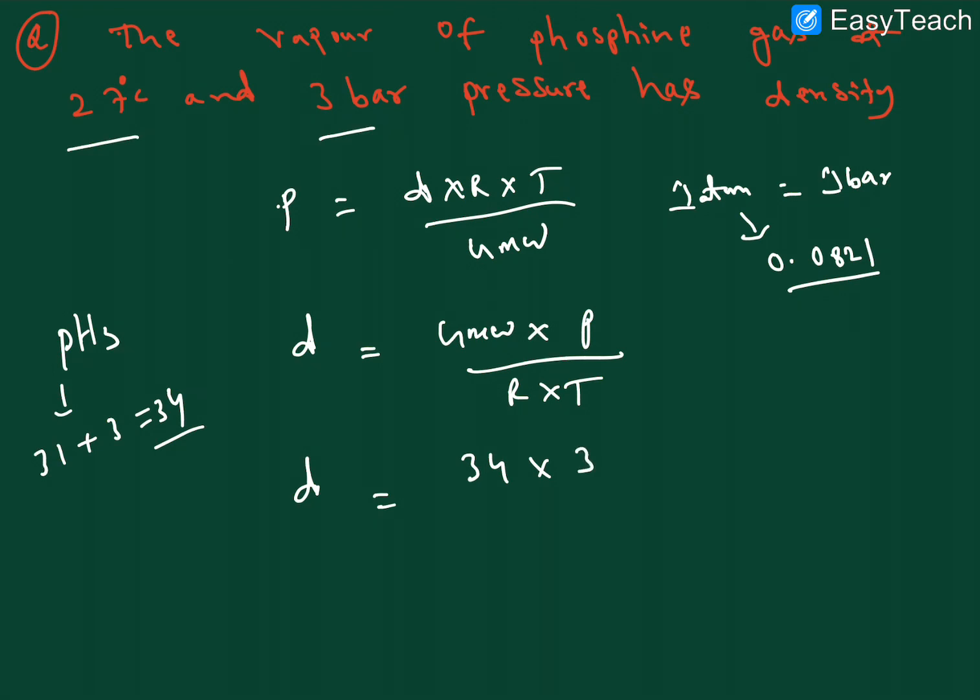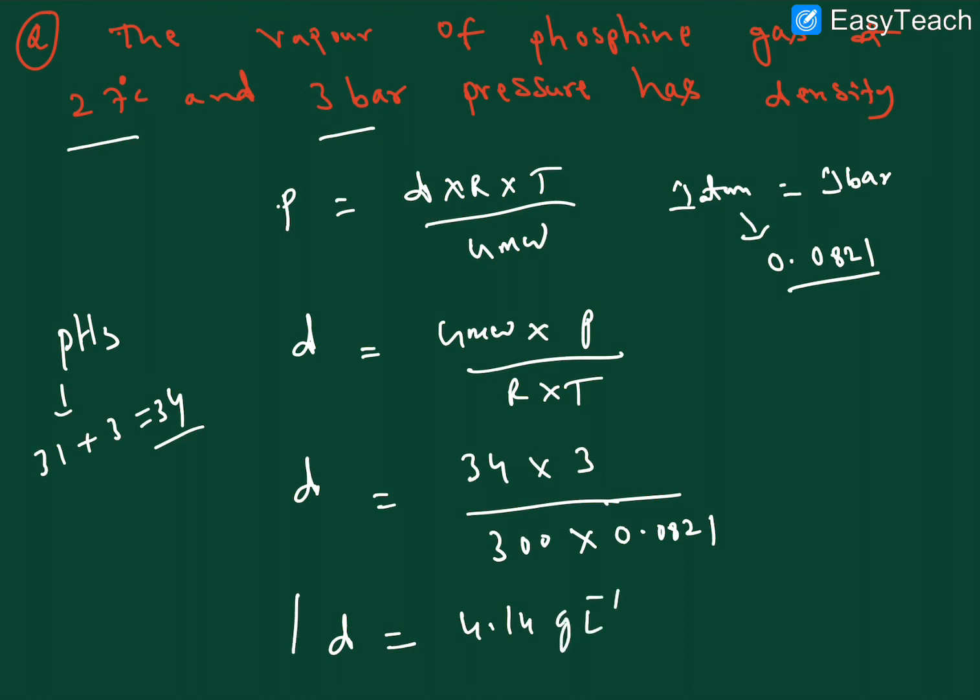But they are not mentioning molar mass in the question. So what do we have to take here? Only 1 gram they are giving, the mass. Molar mass they are not mentioning. Vapor density they mention. What is the relation between molar mass and vapor density? Molar mass is equal to 2 into vapor density, right?